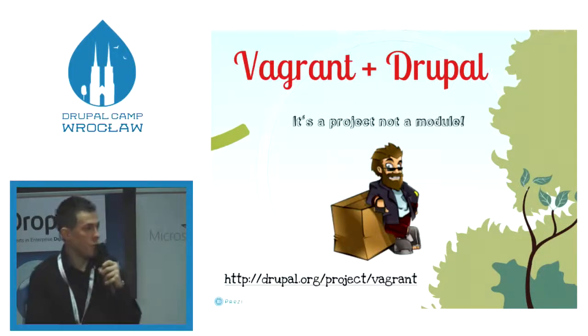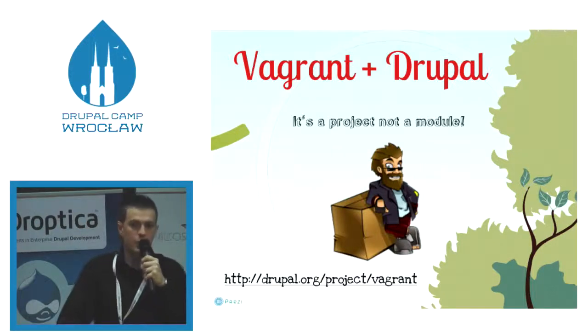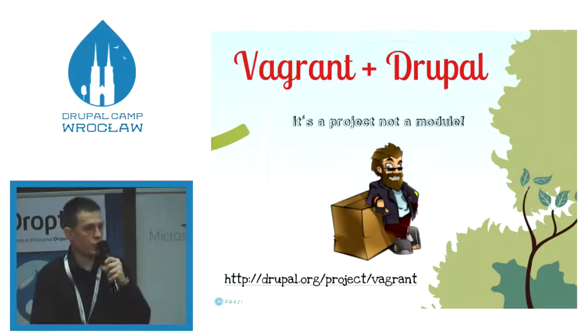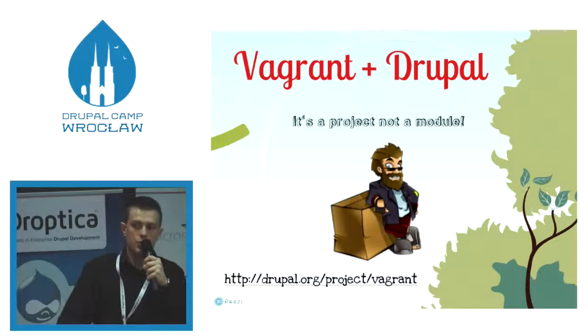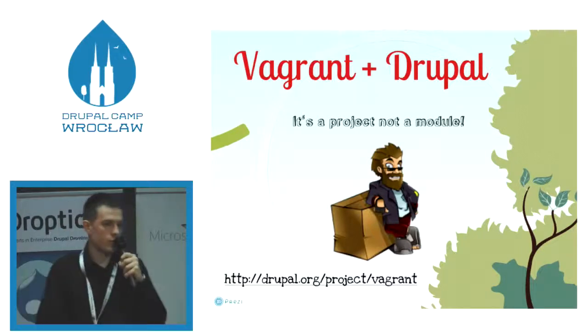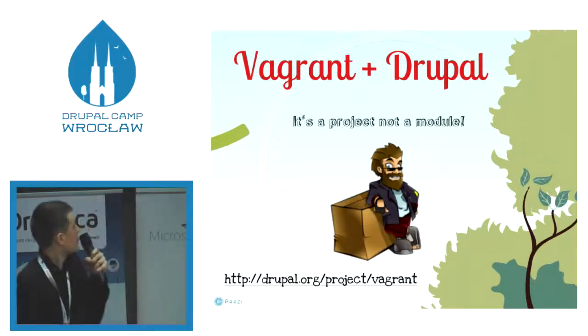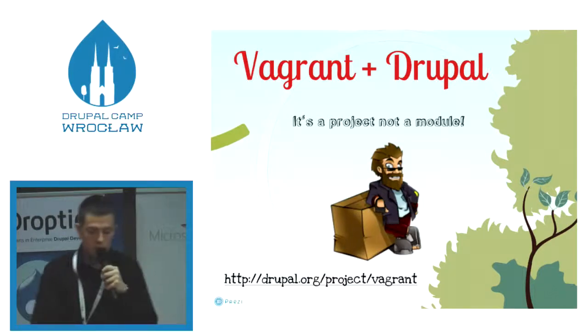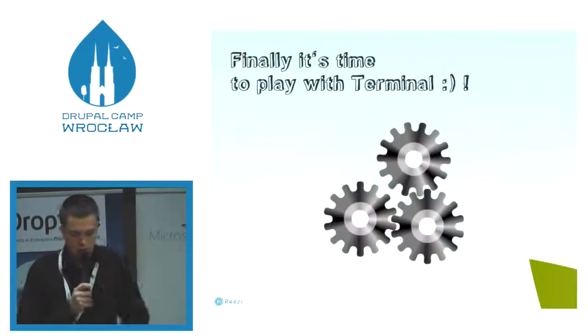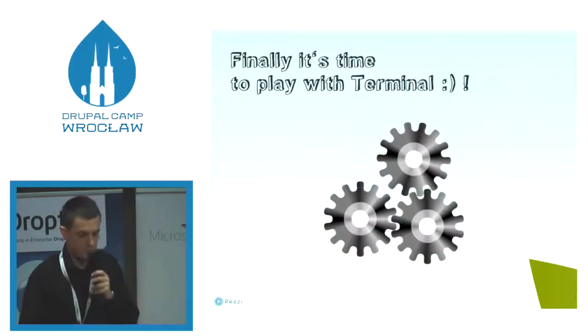It is a project with pre-configured cookbooks for Chef and pre-configured solutions for Vagrant that allow you to quickly create and reproduce an environment for developing with Drupal. So now we will stop the presentation and go to terminal to see how we should do it.